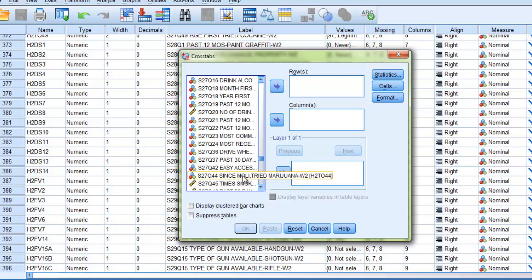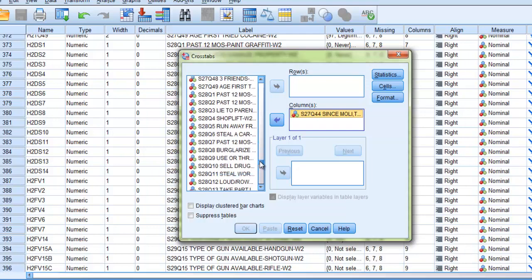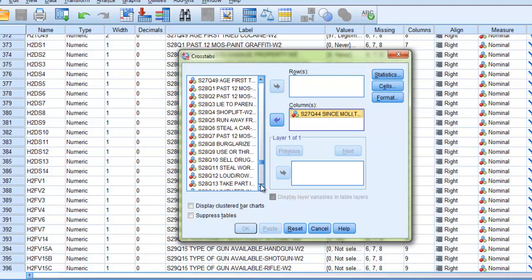That's marijuana use, sorry. Marijuana use is our dependent variable, so we're going to put that in our column. We're also going to look for gang membership, and that's in section 28, question 14, initiated into a named gang. I choose that, and I select it into my rows.